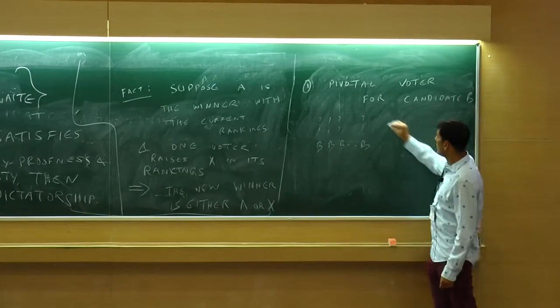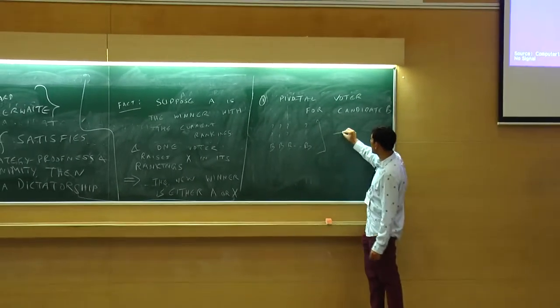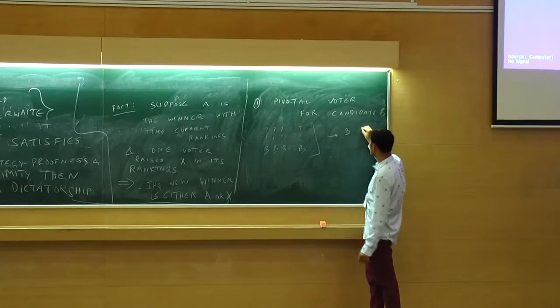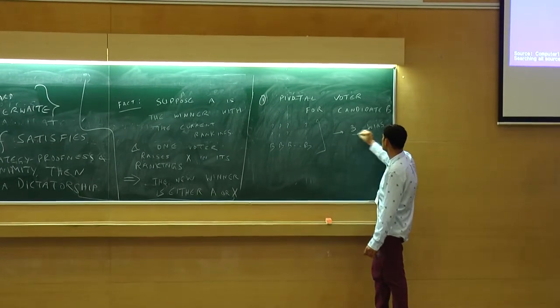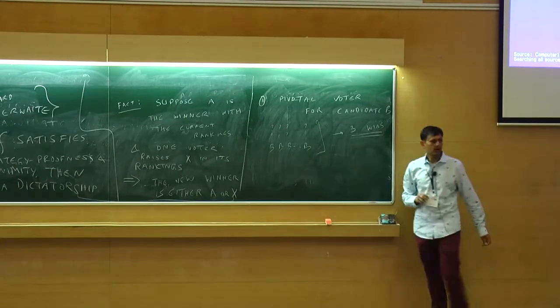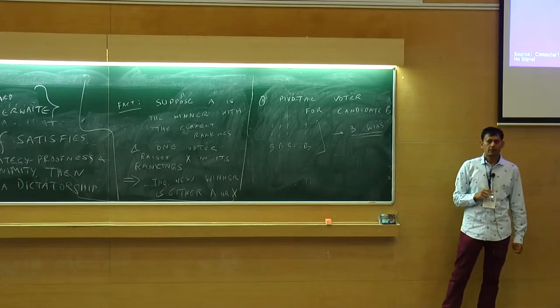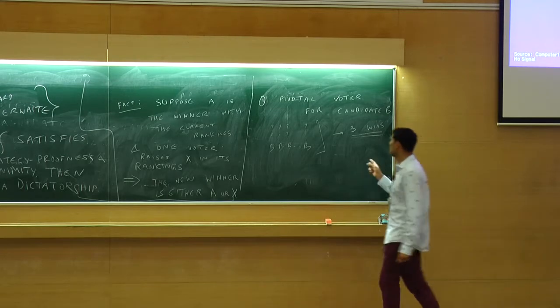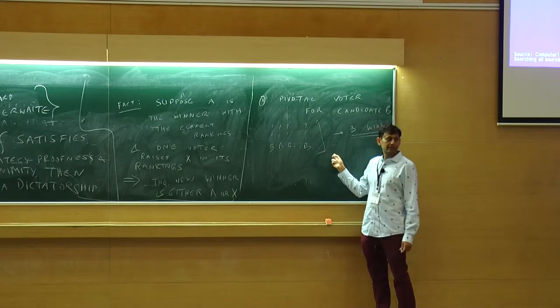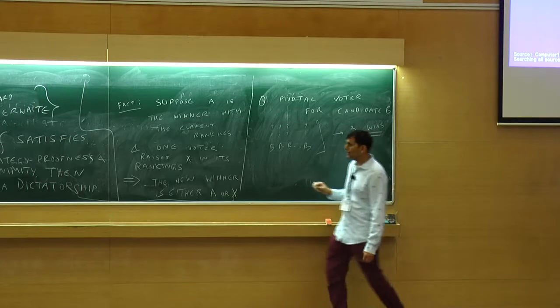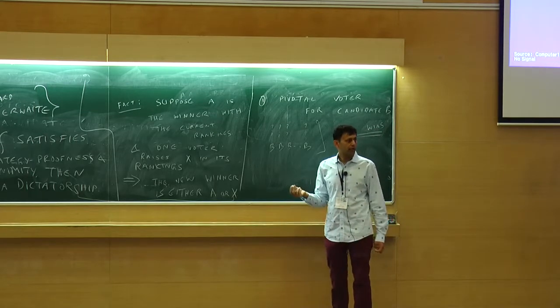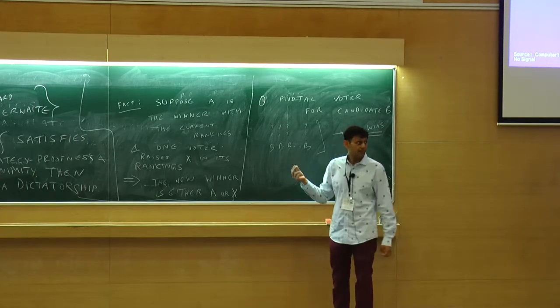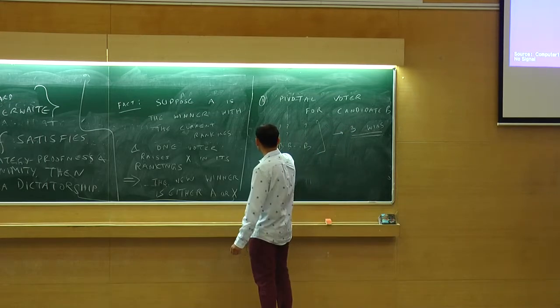So let's say in this case, I'm going to prove this by contradiction. So let's say B wins. This will also follow from strategy proof. Now let's pick any other candidate A. And gradually everyone starts to raise A in their rankings.